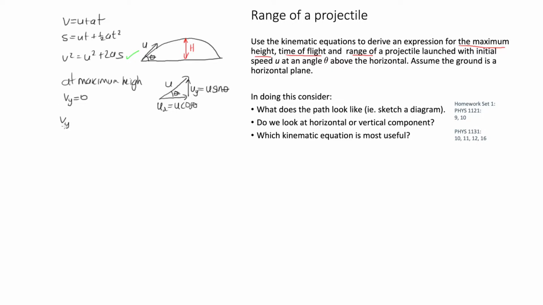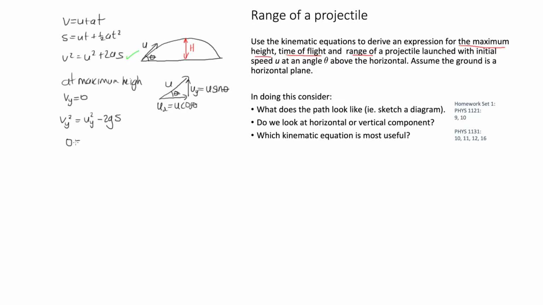We've got v_y squared is equal to u_y squared plus, well, let's not actually write plus yet. We've got plus 2a, but a is equal to g, and it's down, so negative. So minus 2g times s. So what we're trying to do is get this height. So at maximum height, we can substitute in v_y equals 0.